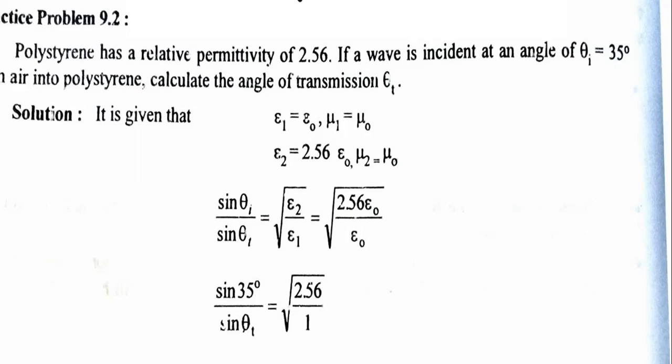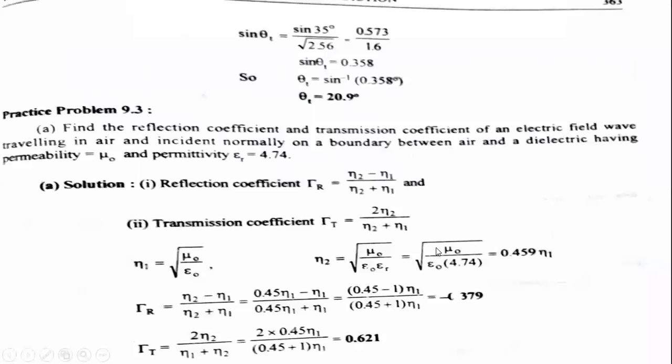Here the sine of 35 degrees is given. Sine theta I goes on one side, sine theta t on the other, and root of 2.56 stays as it is.